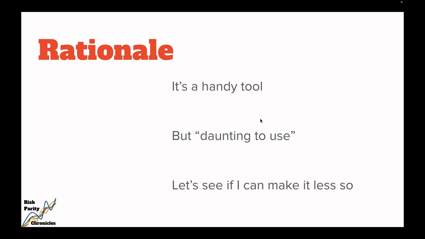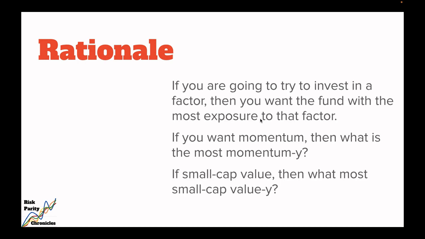So I put together this video to show you all how to use the factor regression fund tool on Portfolio Visualizer. This video takes as a given that you are going to try to invest in a factor. I'll get to what a factor is in a moment. But assuming you know something about factor investing, if you want to find a fund to invest in that factor, then you want the most of that possible.